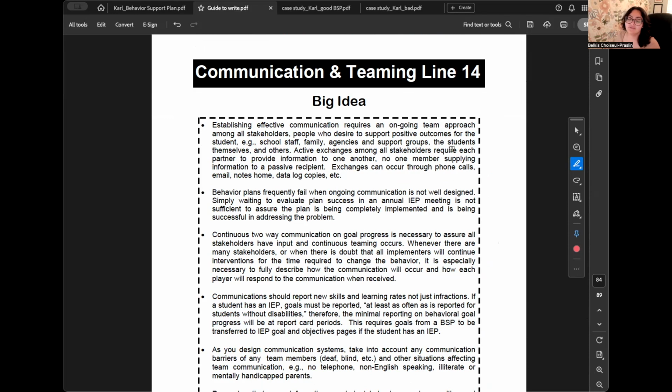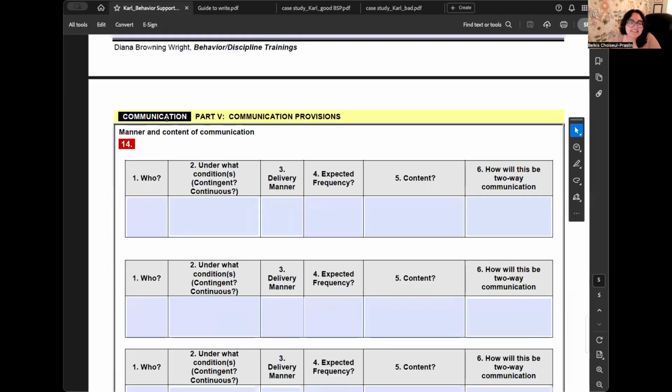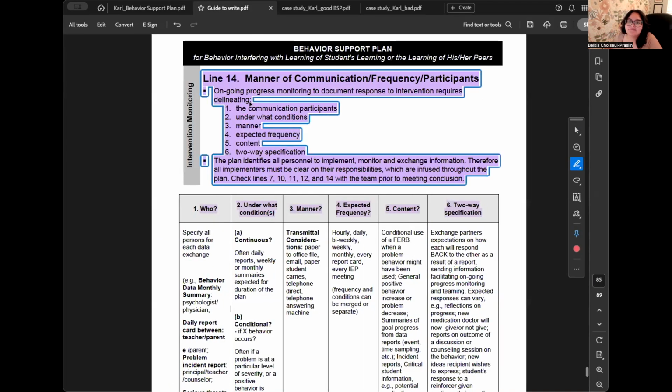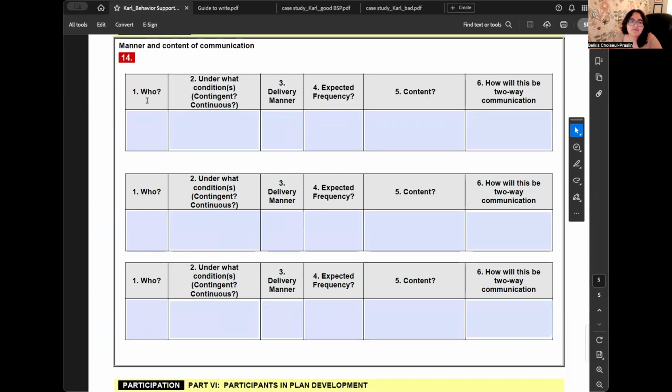Please look through, have this on hand for you if you ever need it. Okay, line 14, the last piece of the puzzle is communication, manner of communication. How are we doing it? How often are we doing it? Who's involved? Honestly, pretty simple as it goes, but they also will break it down into these different areas.